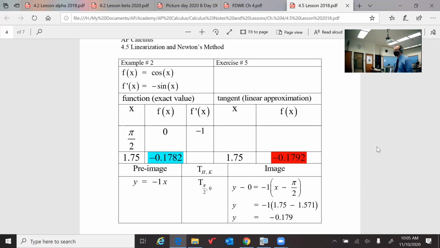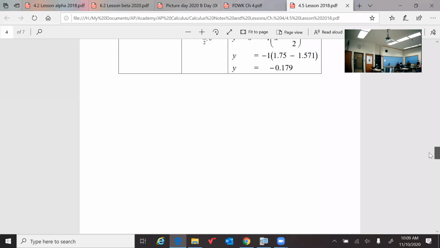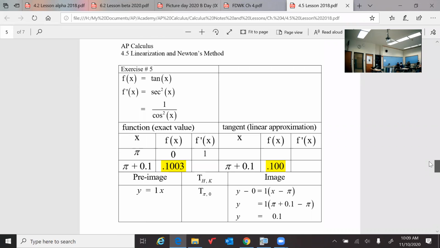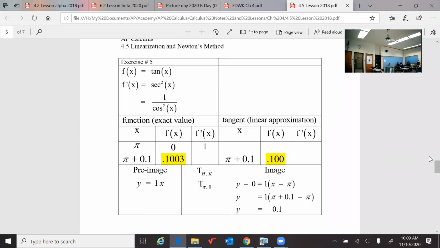You're going to problem 5. So problem 5. You have a tangent, remember the derivative of tangent is secant squared. At pi, the tangent is 0, which we're going to use to do the problem.